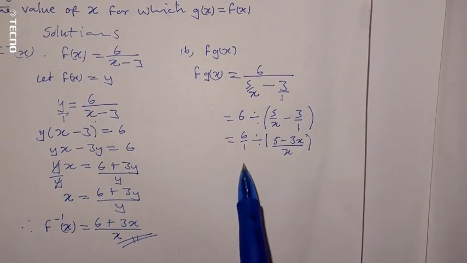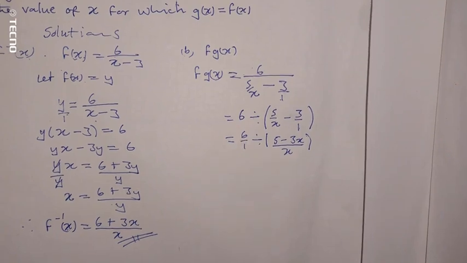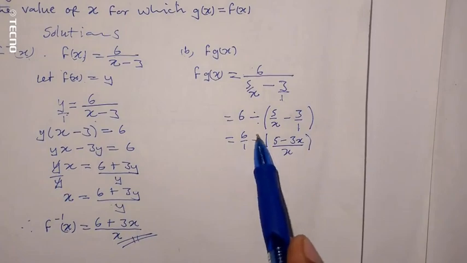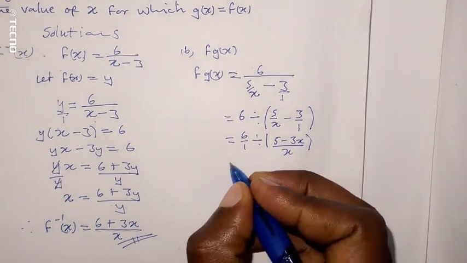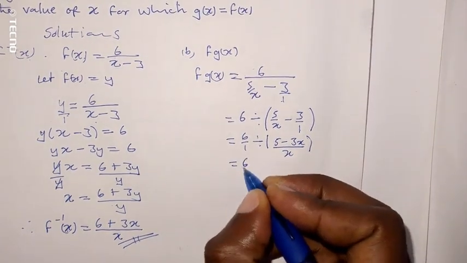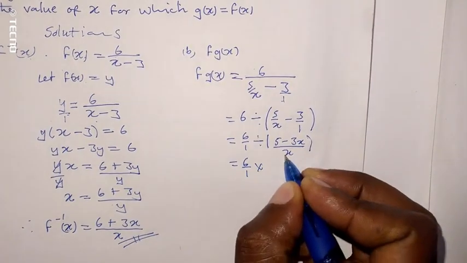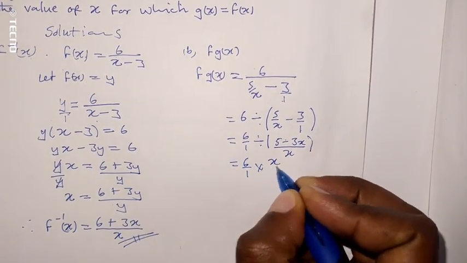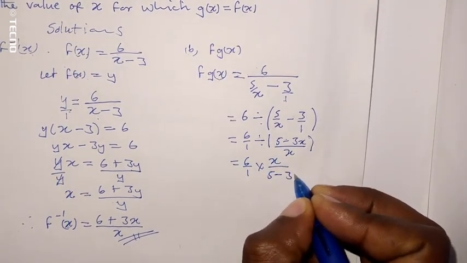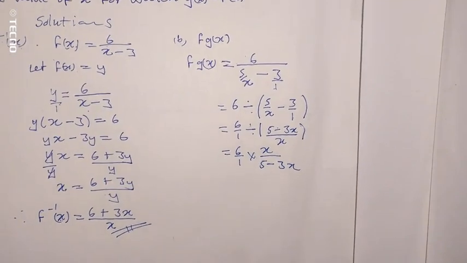To do the operation, we change this into multiplication. So it will be 6 over 1 times the reciprocal of this, which is x over 5 minus 3x.